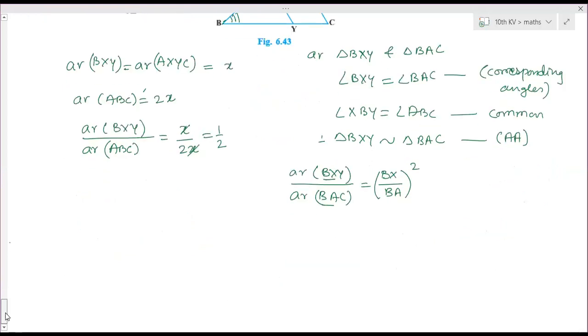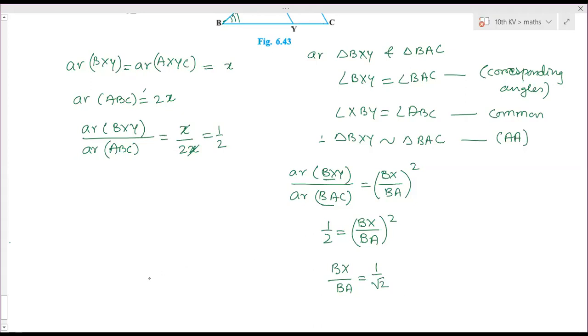And we already have the ratio of areas. That is 1 by 2 is equal to BX by BA whole square. So what is the ratio of BX by BA then? 1 by root 2. 1 by square root 2, right?